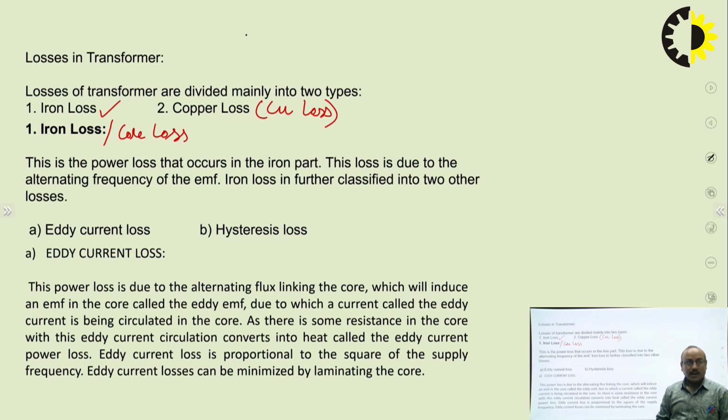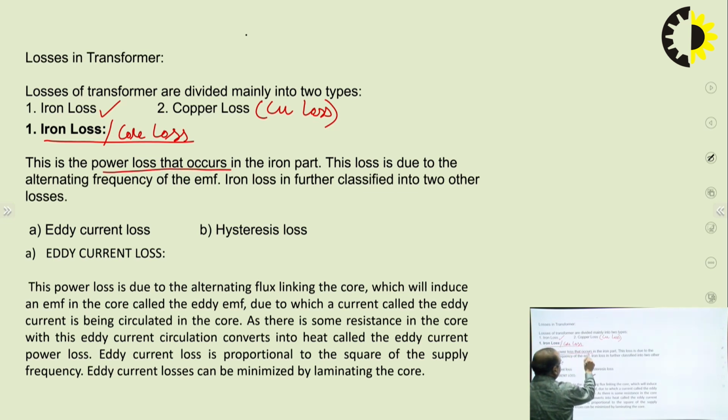Now if we discuss these losses, first is the iron loss or core loss. This is the power loss that occurs in the iron part of the transformer, or we can say in the core of the transformer, and this loss is due to the alternating frequency of the EMF.